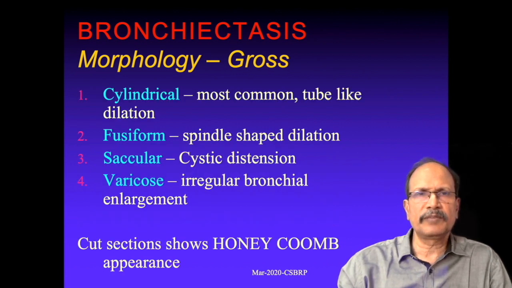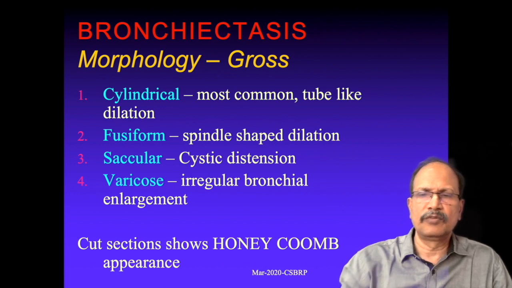Depending upon their shape, these morphological appearances are described as cylindrical, fusiform, saccular, varicose, but usually these features are radiological. And cut section of the lung shows dilated cystic spaces, giving rise to the appearance of honeycomb, so it is known as honeycomb appearance of the lung.